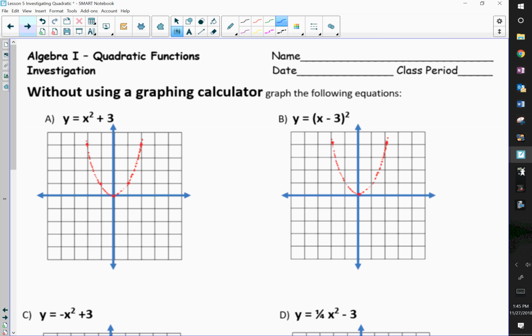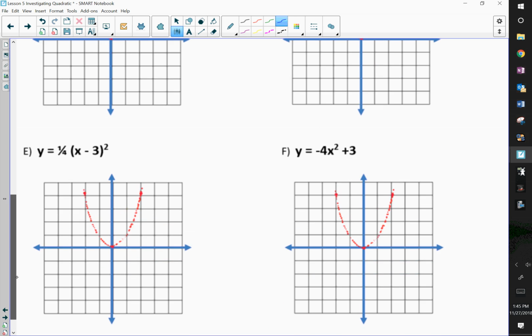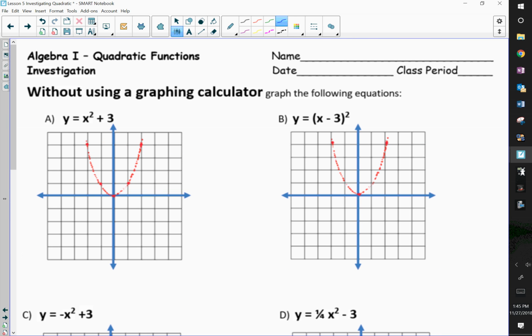So your job is to complete the last page of this assignment. There's 6 graphs. I have already put the parent function on the graph for you. Mine is done in red, yours is in black and white, but each of these red graphs is the parent function, y equals x squared.